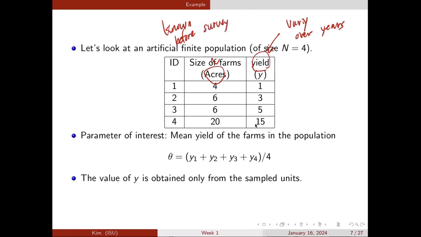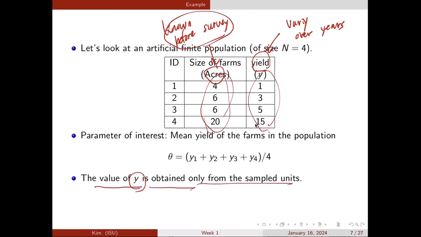Before we visit the farm, we already know the size of farms from some registration or administrative record. So this information is available, but the yield is not. The value of y, the yield, is obtained only from the sampled unit.